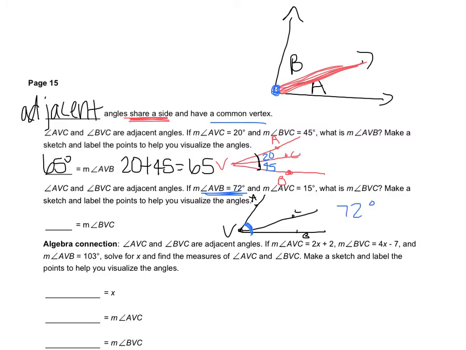And they've told us that AVC, so this part of it, is 15. And the question says, what's the other part of it? So in order to find that, I can't add them together because I have the whole and I have a part. So this time I have to subtract. So I'm going to do 72 minus 15, which is going to give me 57. So BVC is 57 degrees.